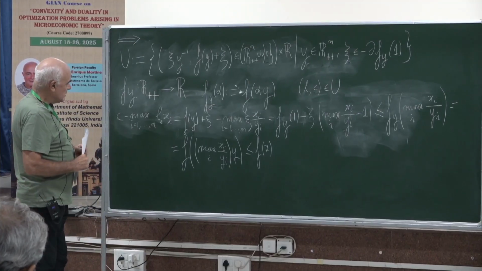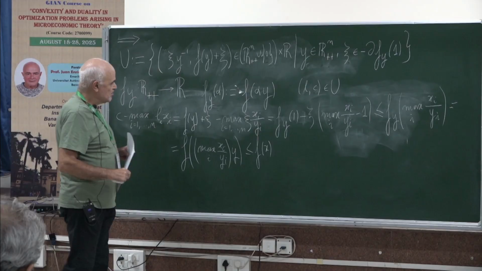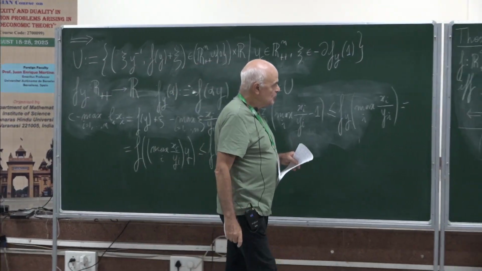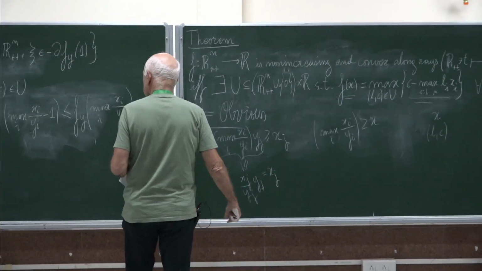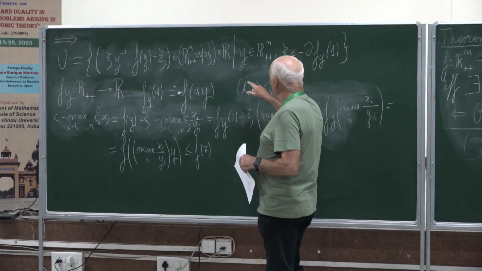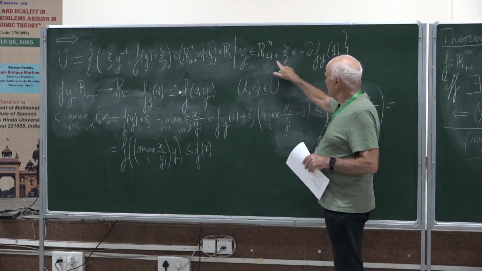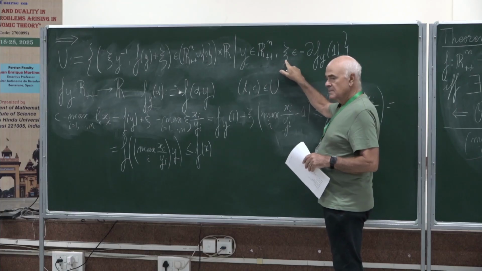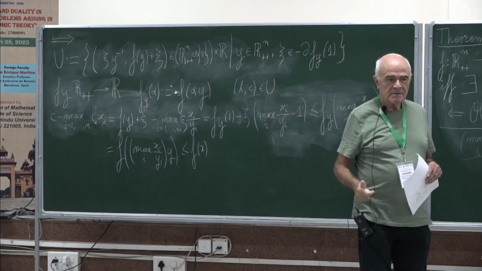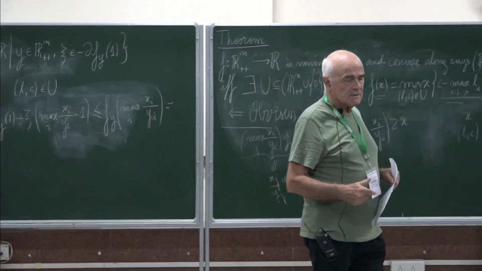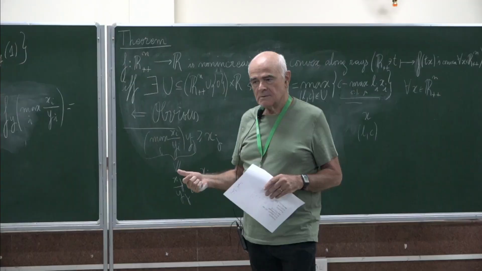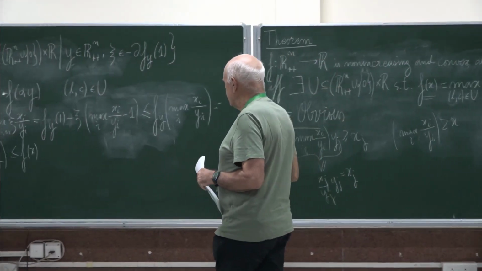So for which element do we have equality? Then what if we take y equal to x, which is in R plus plus n, and see any subgradient with minus sign?